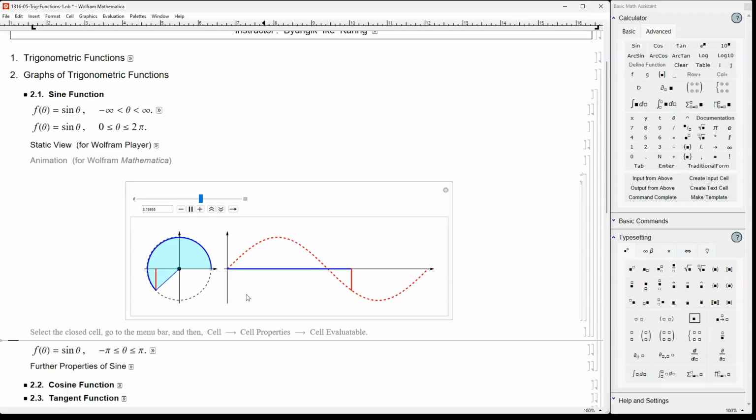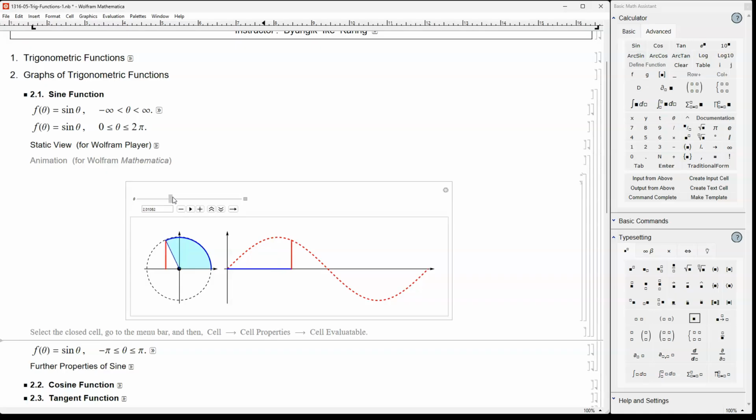And then as the rotation goes on, the y-coordinate, the function value of the graph, and then the vertical here precisely match all the time.